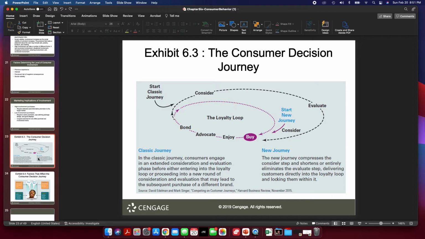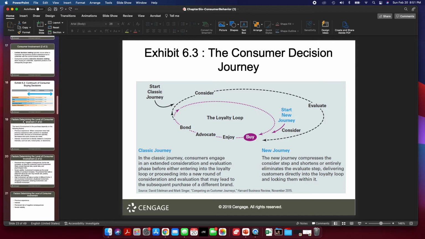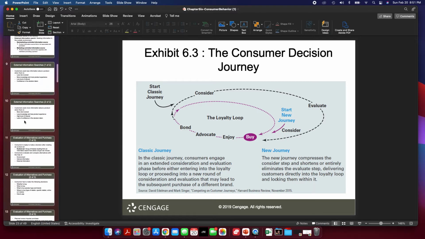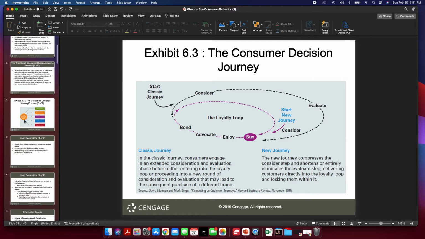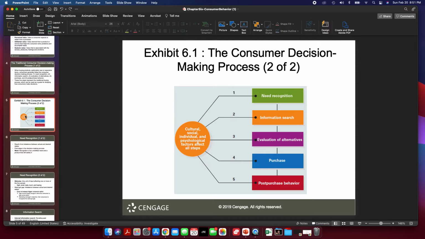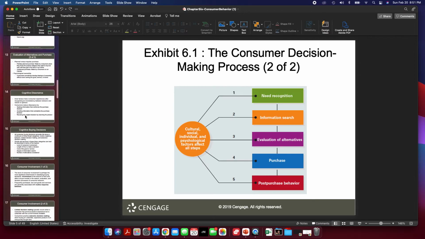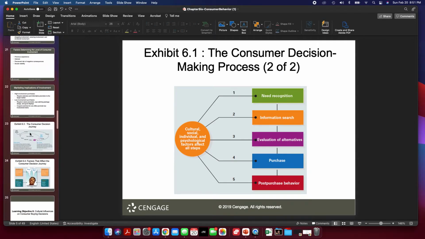It's kind of an interesting concept that the classic journey starts with those five factors and things that we're thinking about, right? Remember the five steps? Need recognition, information search, evaluation of alternatives, purchase and post-purchase, right? The new decision-making process, right?